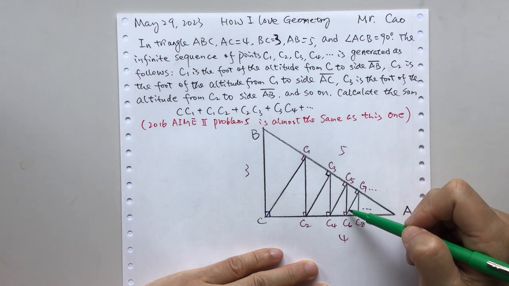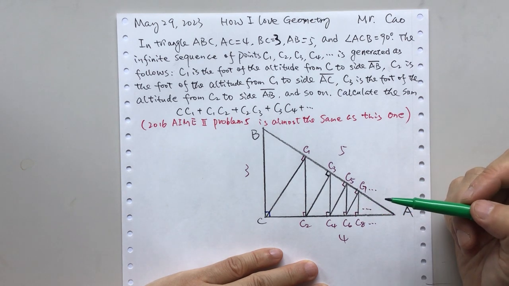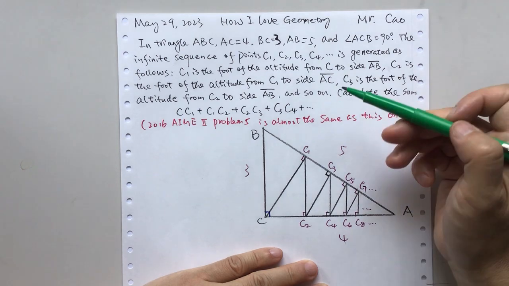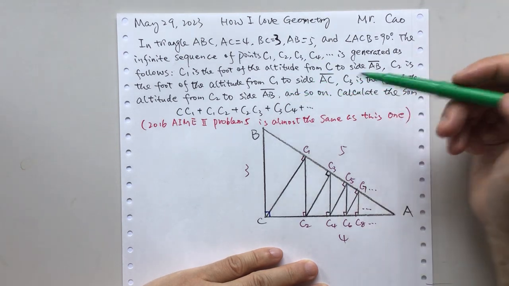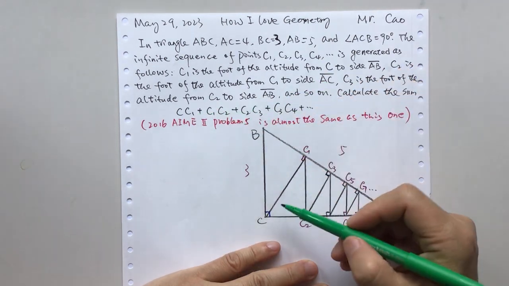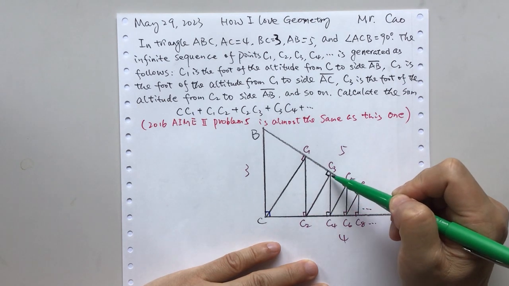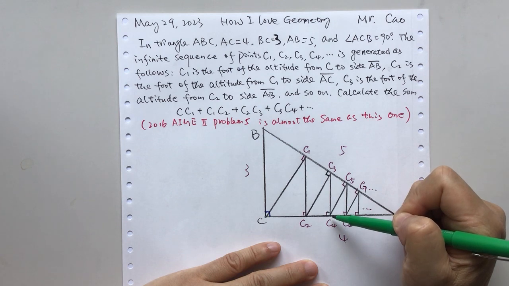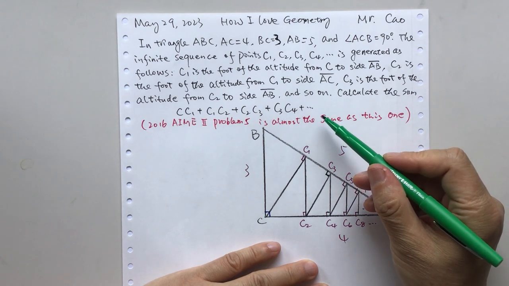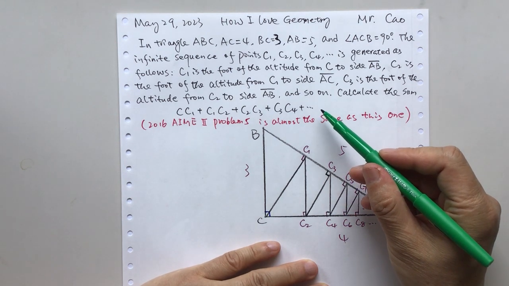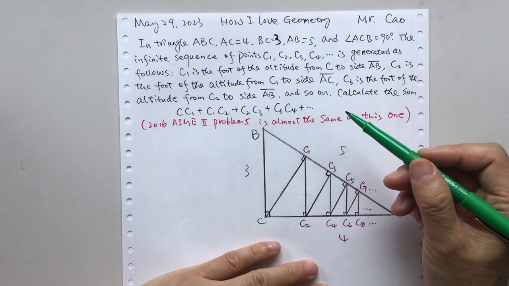The problem lets us calculate the sum CC1, C1C2, C2C3, C3C4, and so on. This is an infinite sequence.